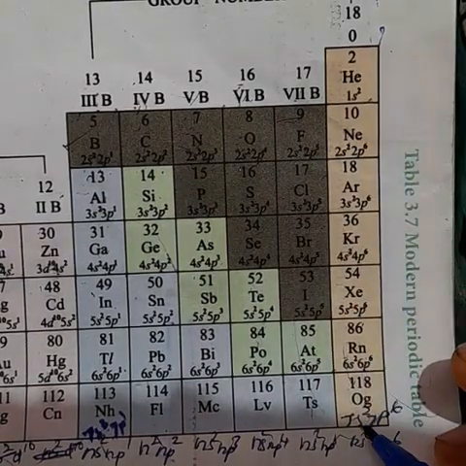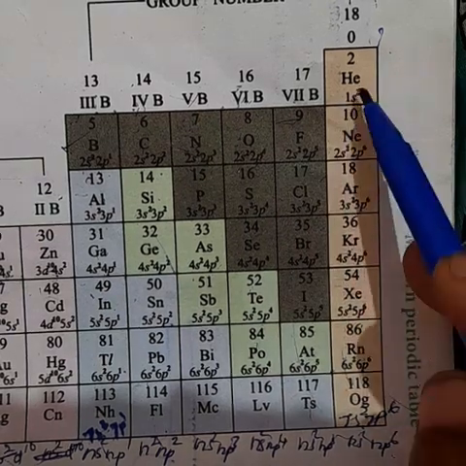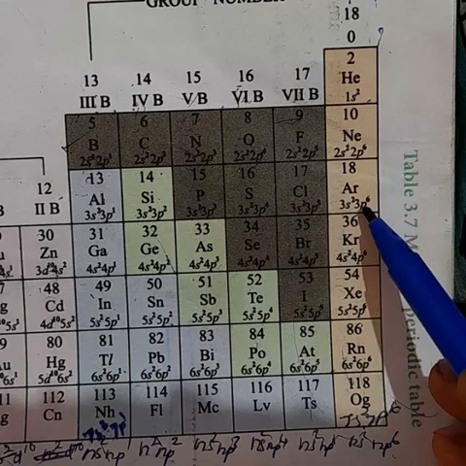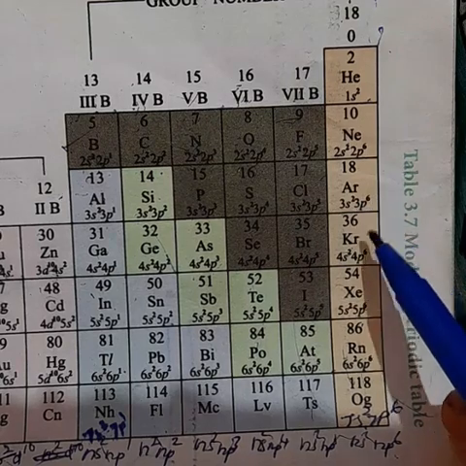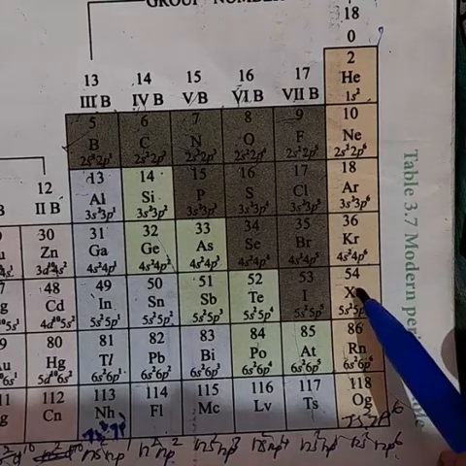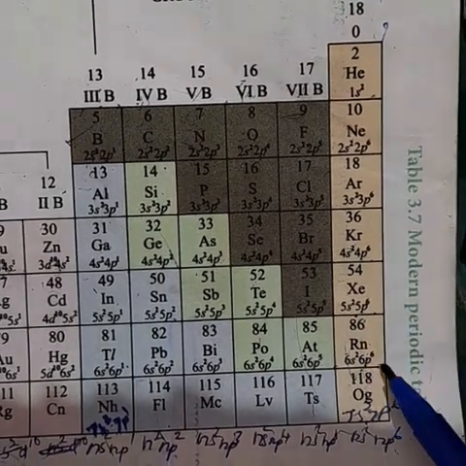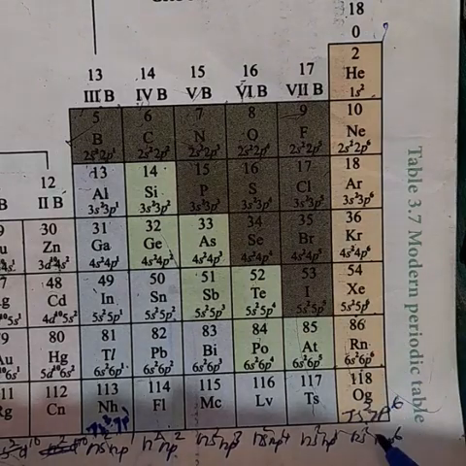Helium atomic number 2, configuration 1s2; neon 10, 2s2 2p6; argon 18, 3s2 3p6; krypton 36, 4s2 4p6; xenon 54, 5s2 5p6; radon 86, 6s2 6p6; and oganesson 7s2 7p6.